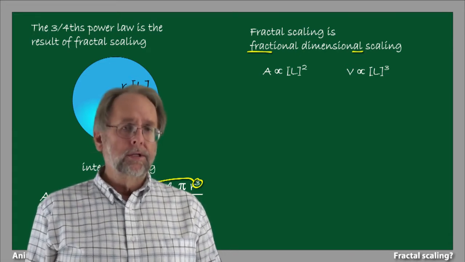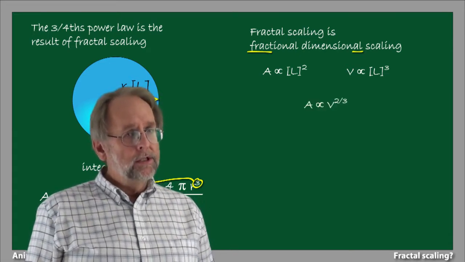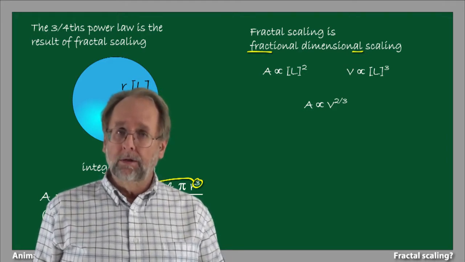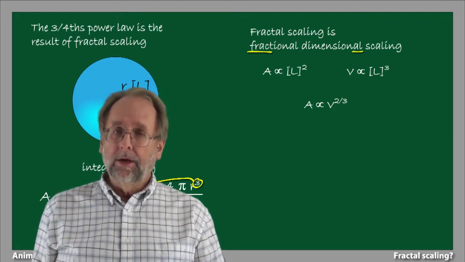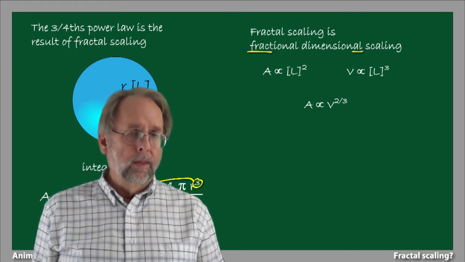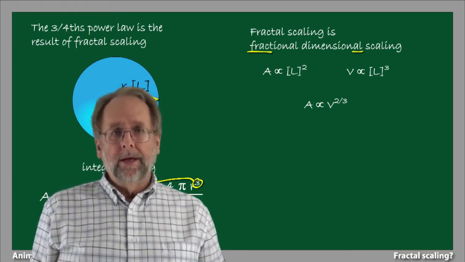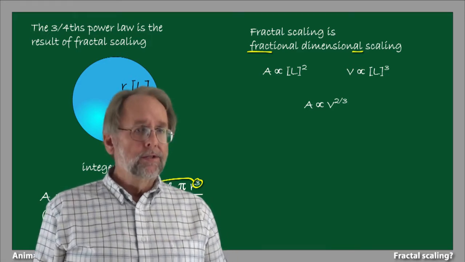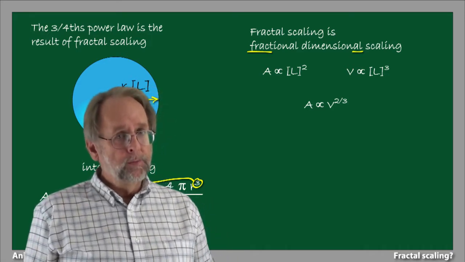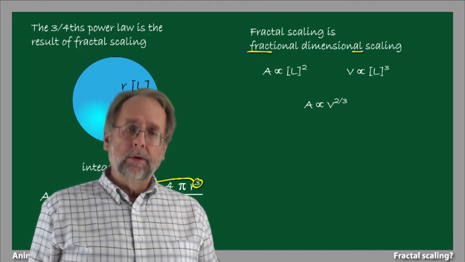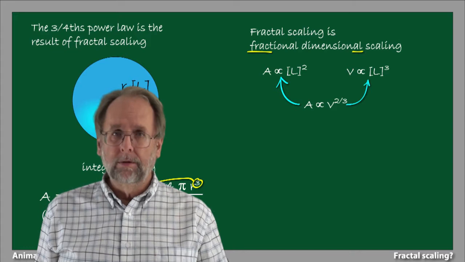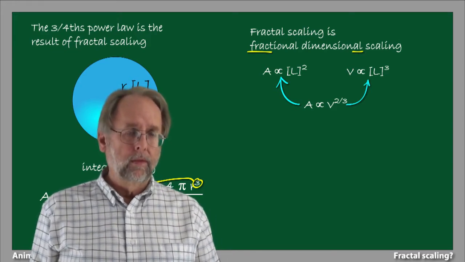We've already established also that surface area scales to the 2/3 power of volume. 2/3 is not an integer, but this kind of scaling is not fractal scaling. It's not fractal scaling because the ratio 2/3 is a rational number. That is, it is the quotient of 2 integers. This can ultimately be reduced to the integral scaling of surface area and volume to the fundamental dimension of length.